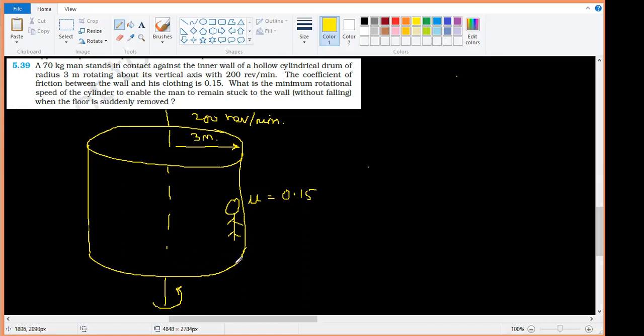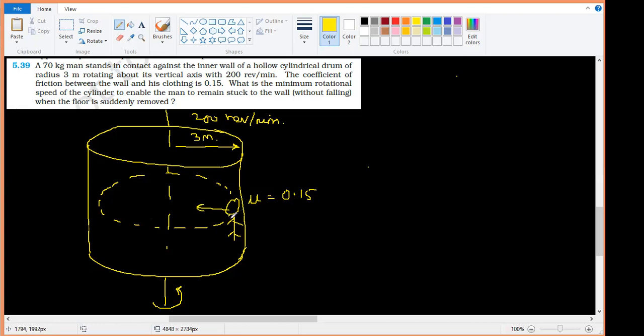So we talked about this, even if the floor is removed, he will still be sticking here. Why? Because of the same concept: whenever the man is going around a circle, there is a centripetal force. He is also, along with the cylinder, going around the circle. Whenever there is a circular motion, there is a centripetal force towards the center.